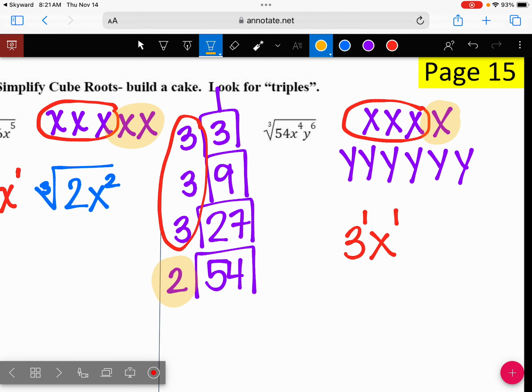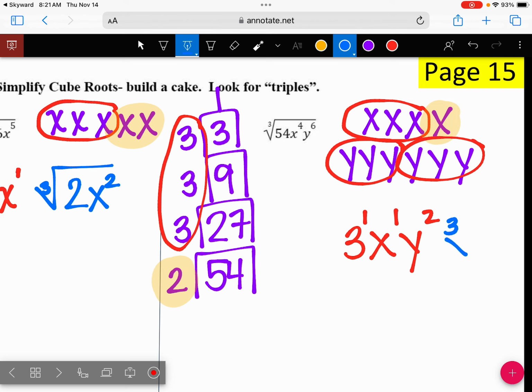Show me with your fingers how many groups of triplet y's can we make? Not 3, just 2. We got one group of 3 and 2 groups of 3. So y squared. So I'm going to make my house, and underneath the house is a 2 and an x.